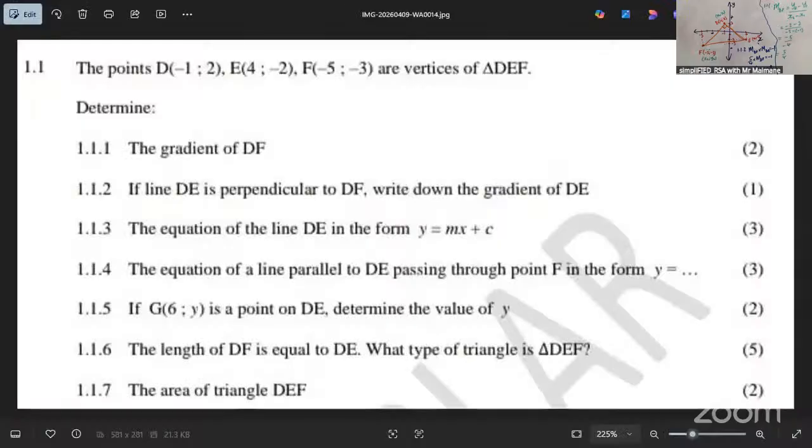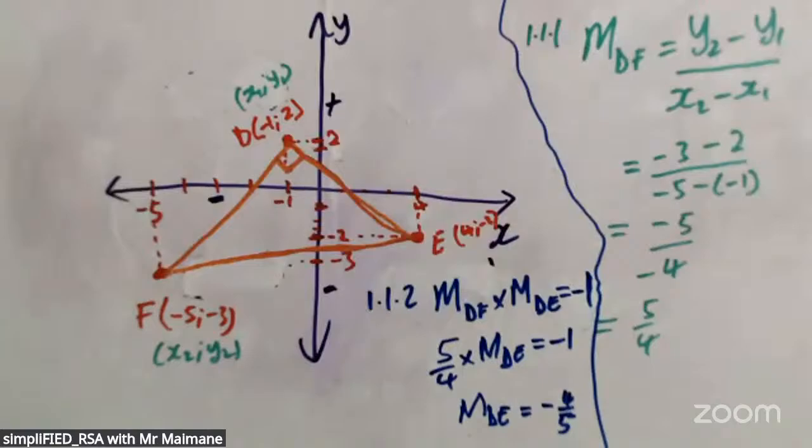The next scenario is the equation of the line DE in the form y is equal to mx plus c. Guys, we all know how to find the equation between two points, that part we have mastered in so many different forms. What happens when we try to find an equation between two points?